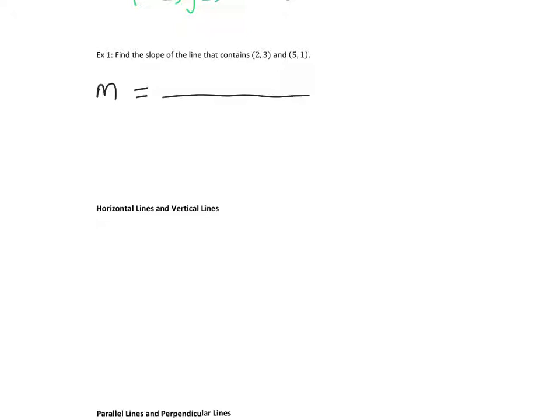So for instance, we know y has to be on top. Let's have (5, 1) be our starting point. So we could have 1 minus 3. That's the change in y. Same starting point, and now we take the difference of the x's, 5 minus 2. So 1 minus 3 is negative 2.